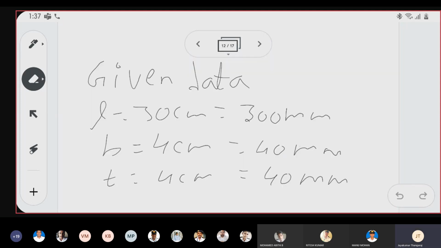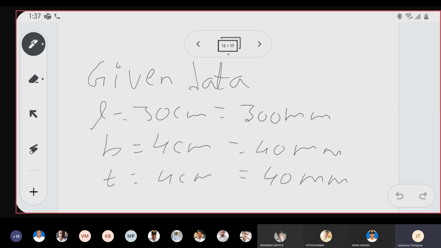So what is the given data? L is given as 30 centimeter. I convert it into mm, 300 mm, because 1 centimeter equals 10 mm. Then breadth is 4 centimeter, so 4 into 10, 40 mm.